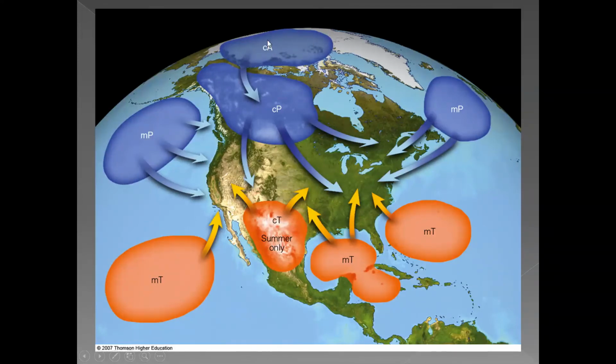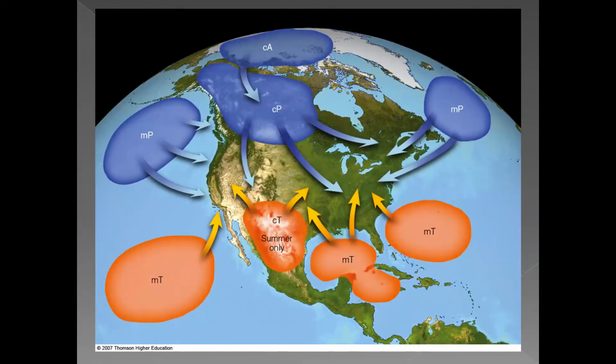Now, the summer only thing here, this is important to note simply because this particular air mass here in America only forms during the summertime. Now, we don't really need to worry too much about that for this class, so don't stress about it too much.